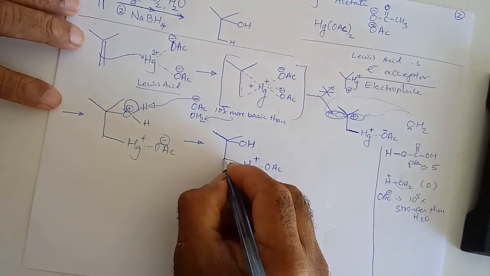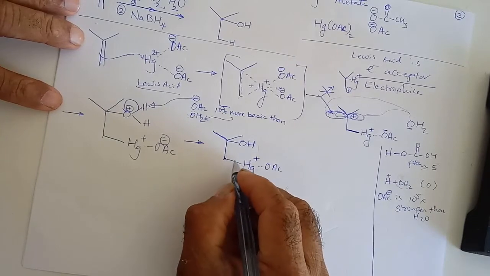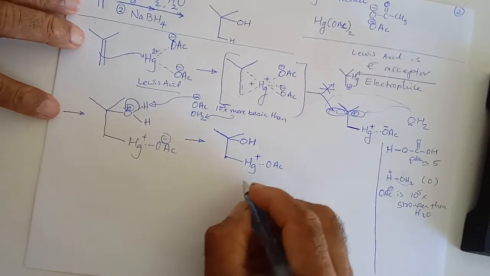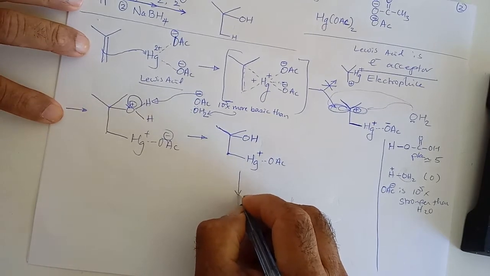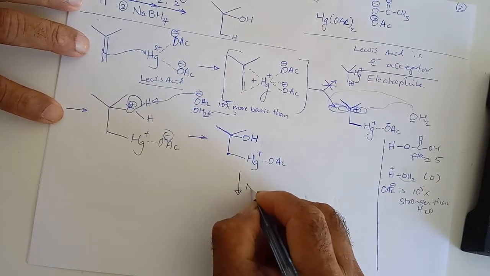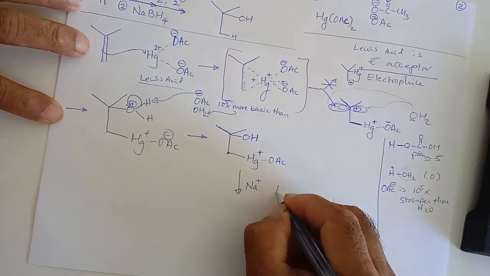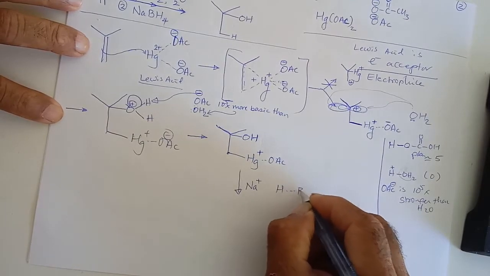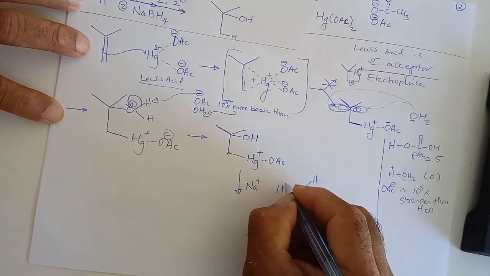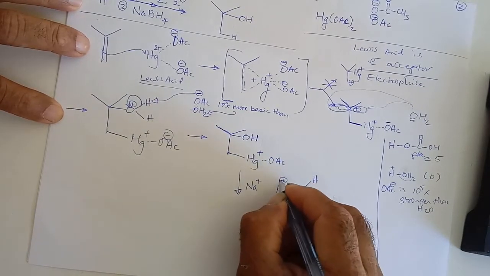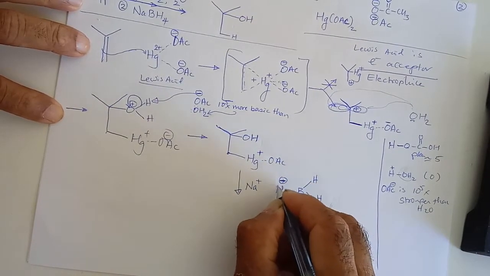To get rid of this mercury, hydride, right? Now the mechanism is not fully understood. Sodium borohydride is this, sodium ion and BH4, and the negative charge is on hydride.